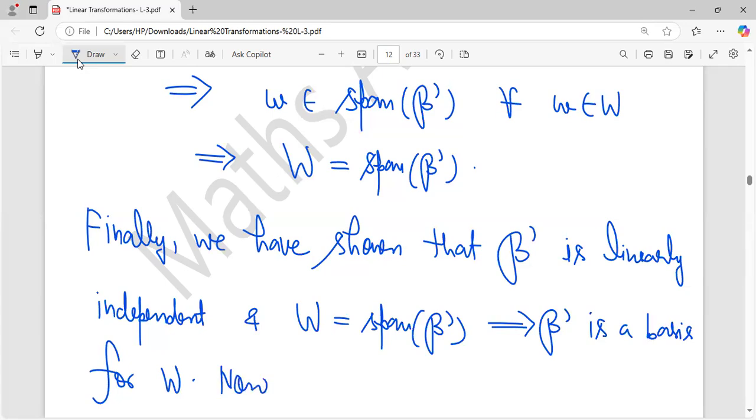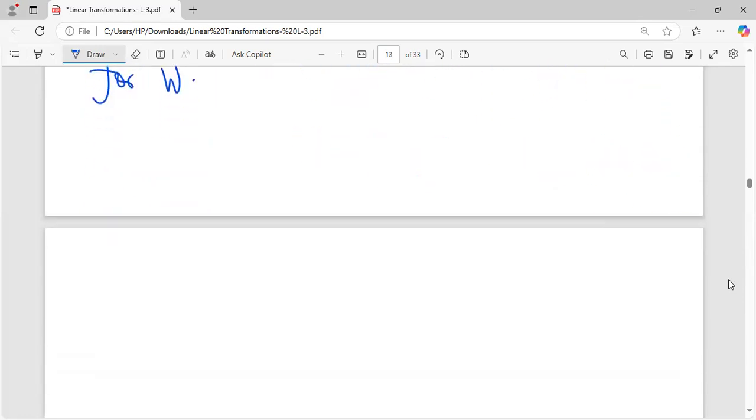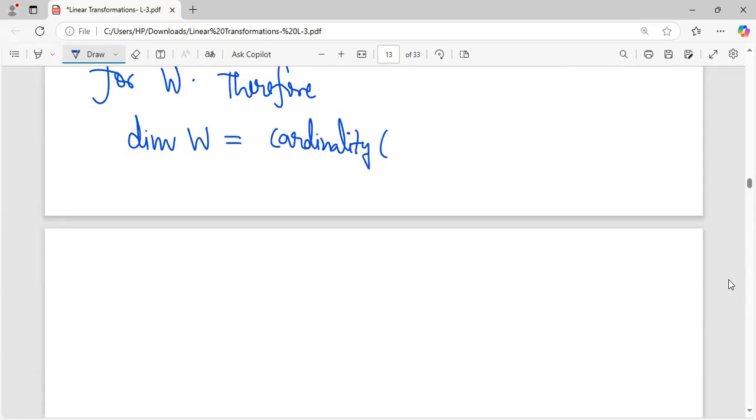Therefore, the dimension of W is the cardinality of B dash, that is nothing but the number of elements in B dash, that is n.